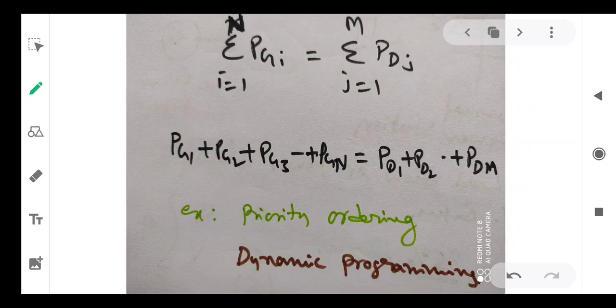So in the priority ordering method, the most efficient generating unit is loaded first and the least efficient machine is loaded last. In that priority, we go for the unit commitment. The second one is the dynamic programming method, which we will discuss in the next units.